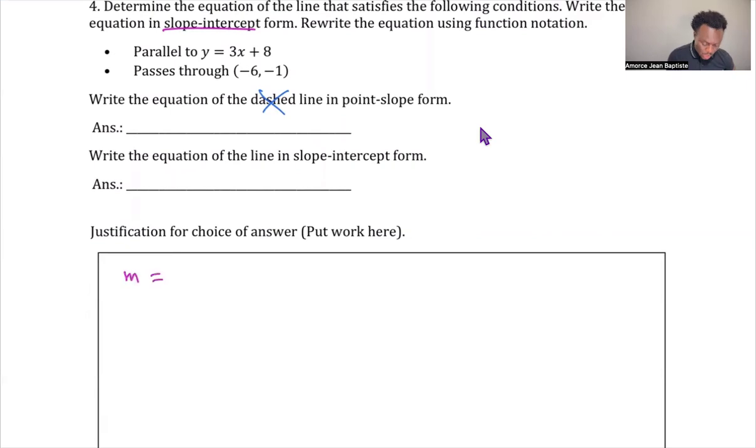Slope m, because the two lines, the given line and the one that I am solving for, have the same slope because they're parallel. So I'm going to call m 3, which is the same as the one that was given to me. And then the point is also given to me, negative 6, negative 1.